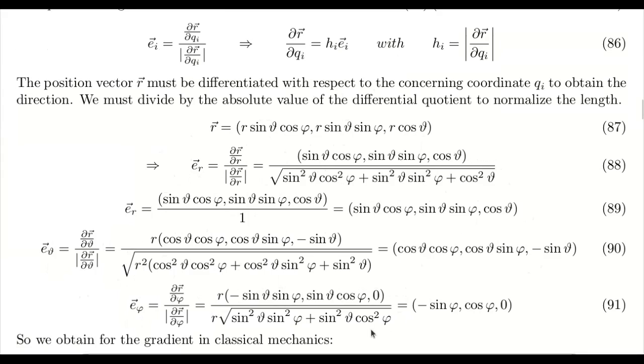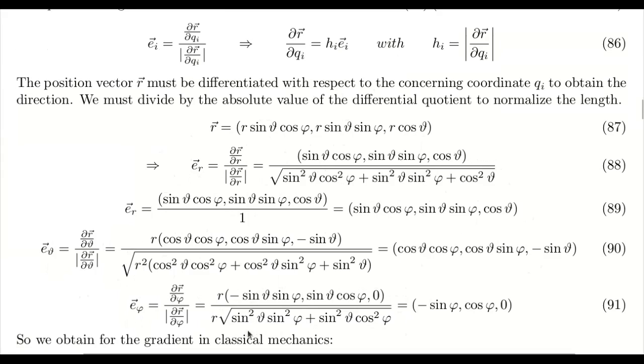Then in the denominator we have the squares again of the components. R is cancelling out again. So here sine square theta can be factored out. And so sine square phi plus cosine square phi is 1.